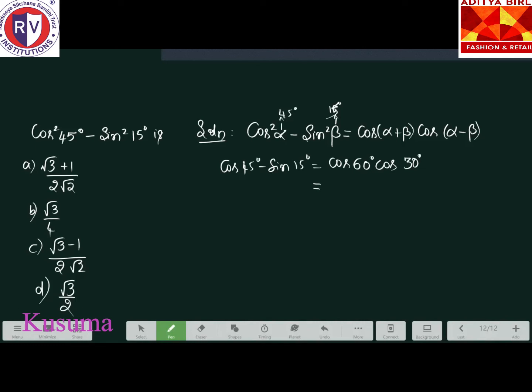So what is cos 60? 1 by 2, and cos 30 is root 3 by 2. So what is the answer then? Root 3 by 4. Therefore, the value of cos square 45 degree minus sin square 15 degree is equal to root 3 by 4.